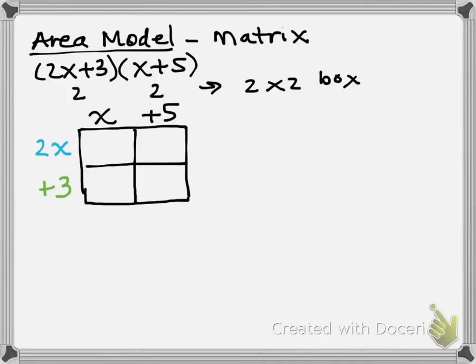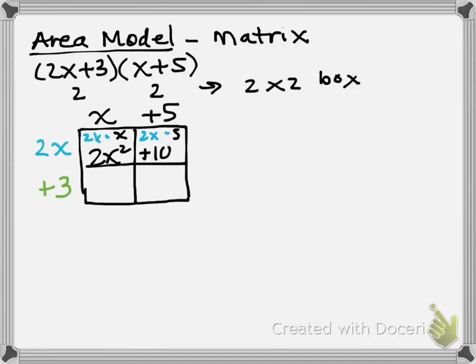And what I want to do is figure out the area of each rectangle. So for the first box, the area is 2x times x, which gives me 2x squared. Okay? The next box on the top has an area of 2x by 5. So I'm just multiplying the width and the length to get the area.